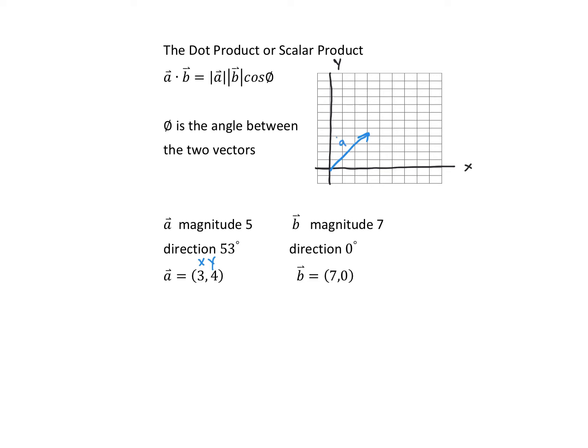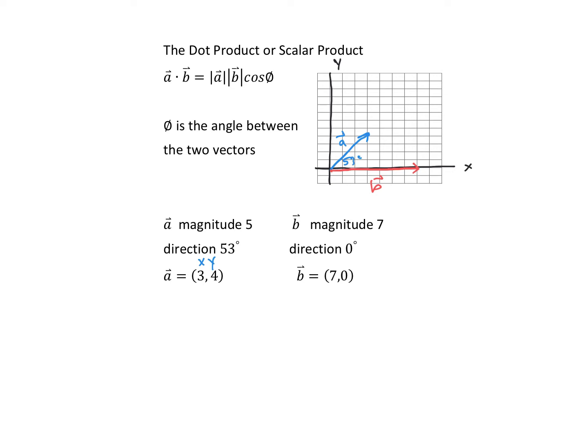This is vector A. Then we want to multiply it by vector B, which has a magnitude of 7 and a direction of 0, which means it's directly along the x-axis. So 1, 2, 3, 4, 5, 6, 7, and go to here. This is vector B. We want to multiply these two vectors together. The angle between them is 53 degrees.